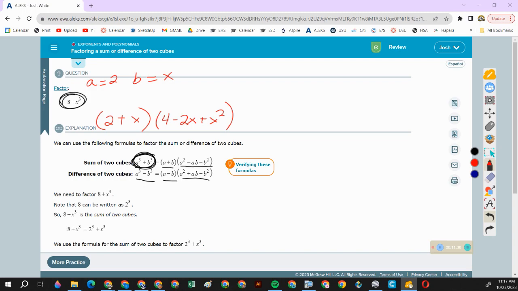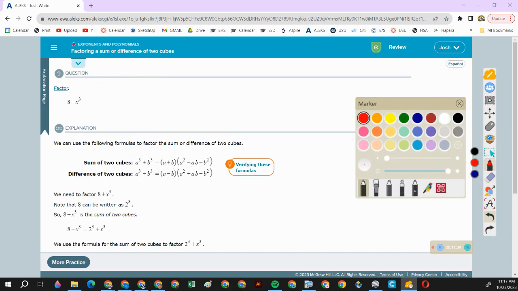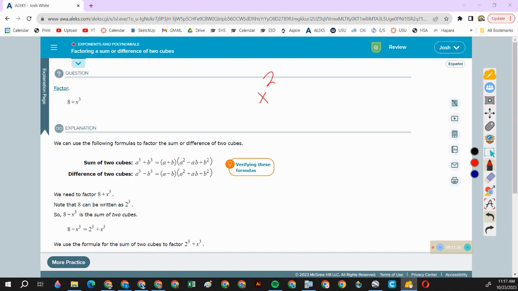Okay, you might see one of these questions on the ACT. So what if I had x to the third minus 27? Not squared, third. So that would be x to the third minus 3 to the third. So that would be x minus 3 times x squared plus 3x plus 9.